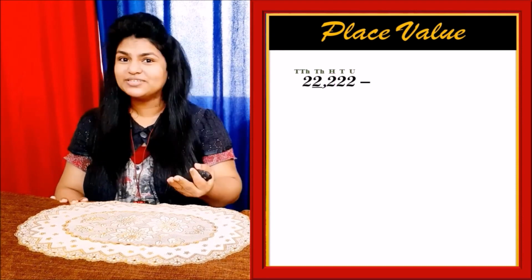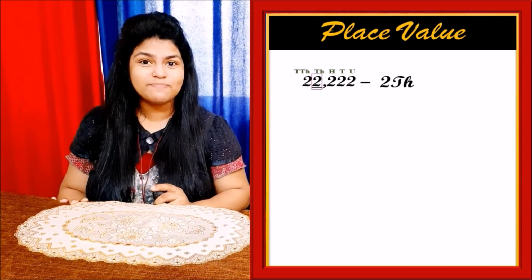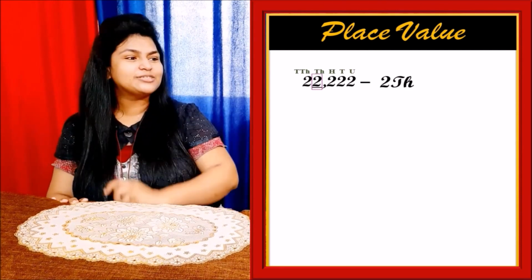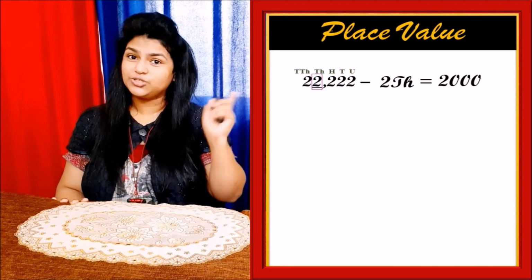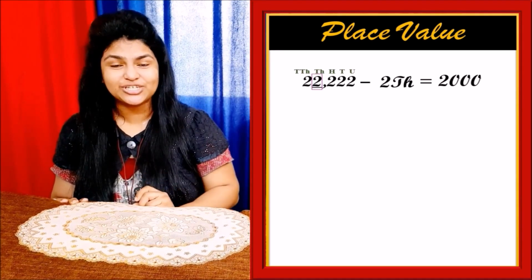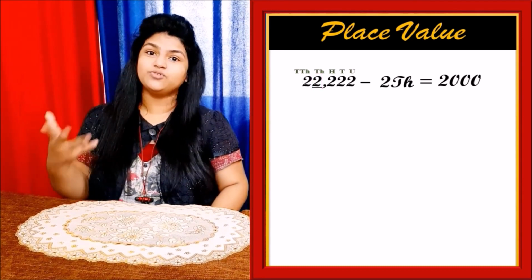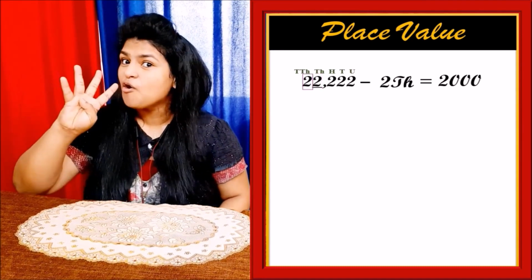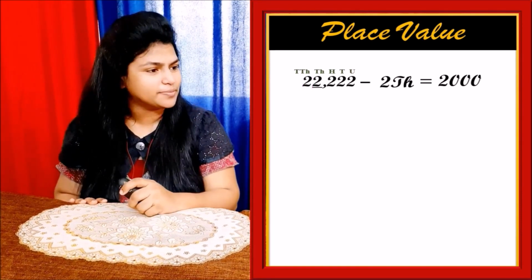And what about the 2 in thousands place? 2th. 2th will be 2000. Correct. So when the 2 goes to thousands, its value will change. And what about the 2 in 10,000s? It will become 20,000 with 4 zeros. Okay. Now let's go to the next one.